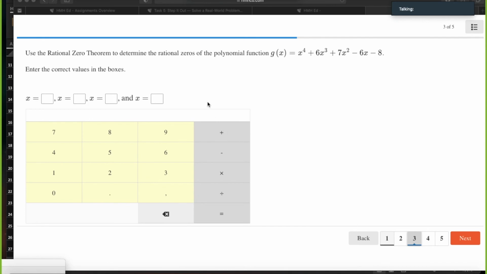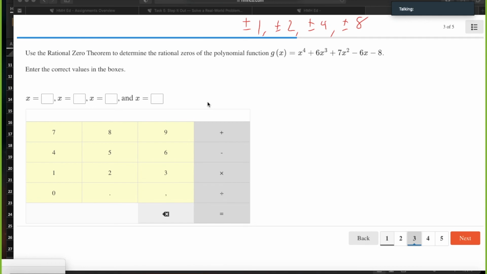So, once again, use the rational zero theorem to determine the rational zeros of the polynomial function. This time, our coefficient, or our denominator, is 1, so that's very helpful. And then our constant is -8. So the only ones we gotta worry about are plus or minus 1, plus or minus 2, plus or minus 4, plus or minus 8, right?